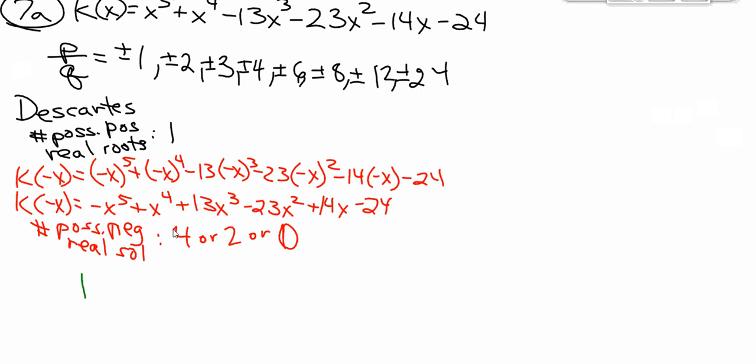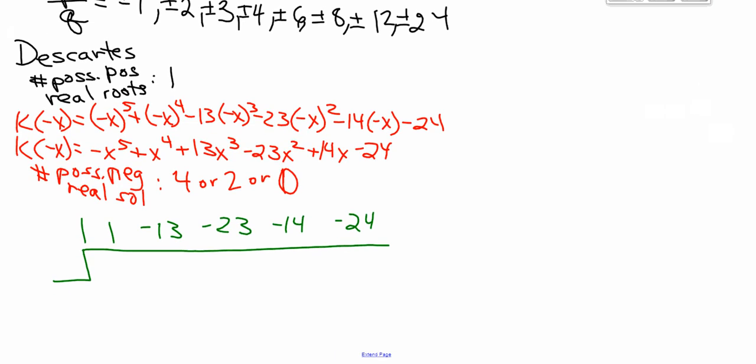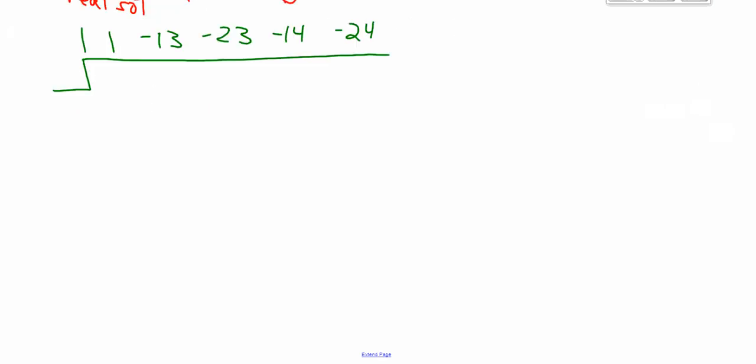My coefficients are 1, 1, negative 13, negative 23, negative 14, and negative 24. And I'm going to do that short row, okay? I might need some help.